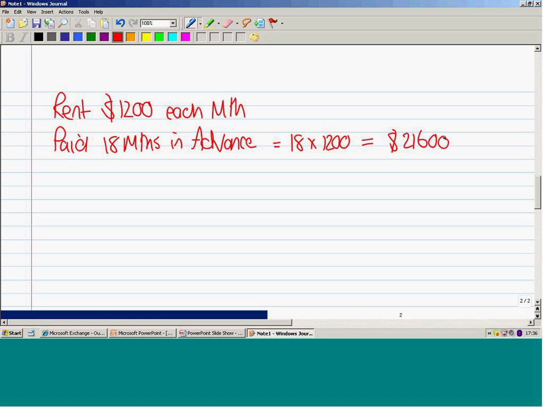Remember, the accruals concept is that we need to match income and expenditure in the period it happens, for that financial year. As we're all aware, financial years are always 12 months.